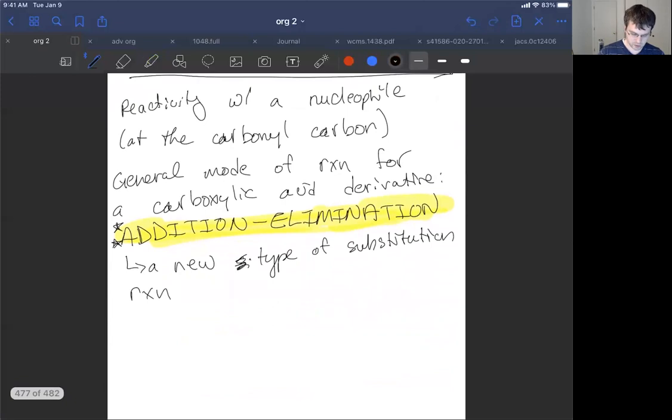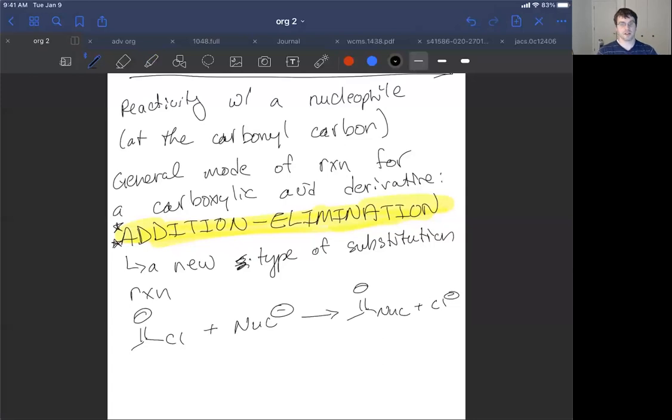So in general, let's just go ahead and pick an acid chloride, because that's what we're going to start with today. We're going to see an acid chloride react with a nucleophile, and the outcome is going to be a carboxylic acid derivative where the nucleophile has replaced the chlorine, and the chlorine is lost as a Cl minus. Now, the thing I need to highlight again here is, in this product, the substitution occurs at the carbonyl carbon.